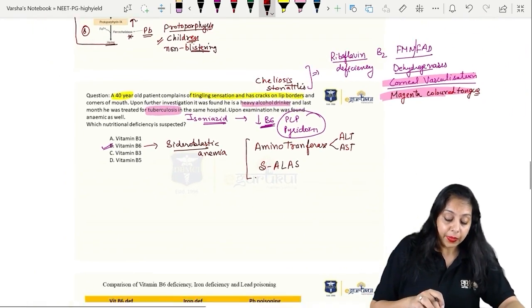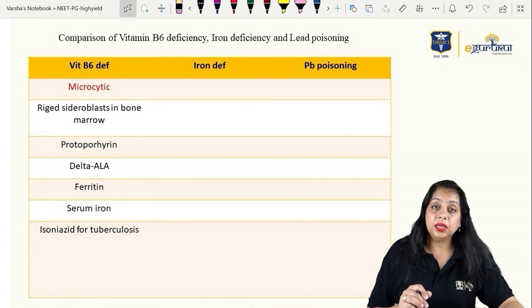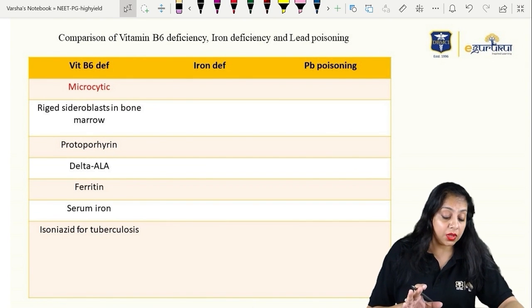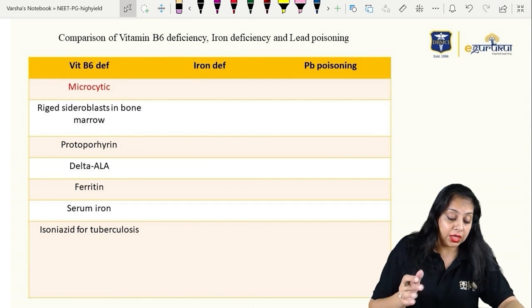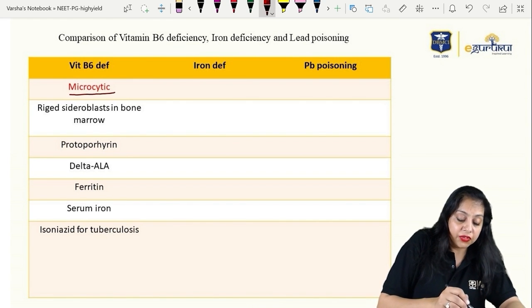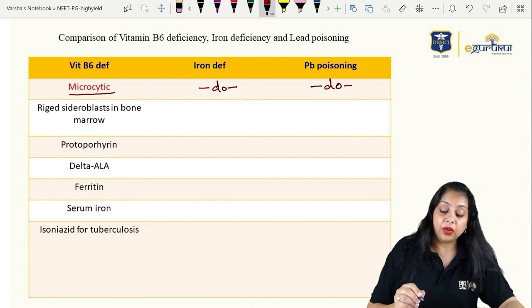Okay. Now, many times there are clinical scenarios in which we are confused whether it is a B6 deficiency, an iron deficiency, or lead poisoning, because in all of these three you will find microcytic anemia.